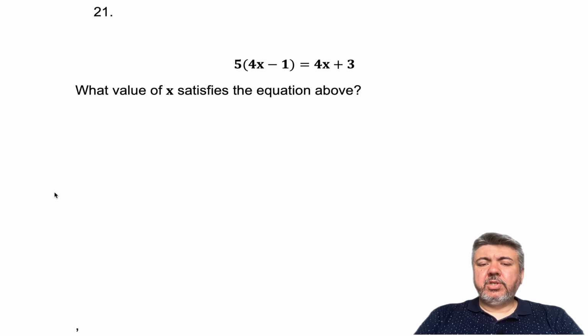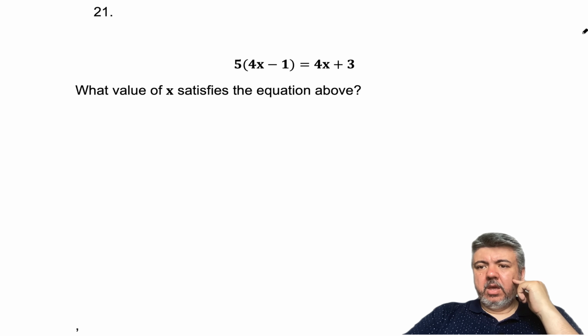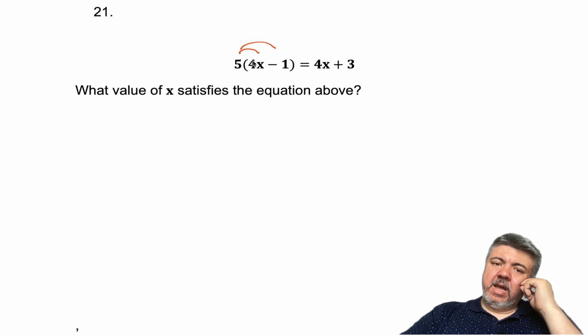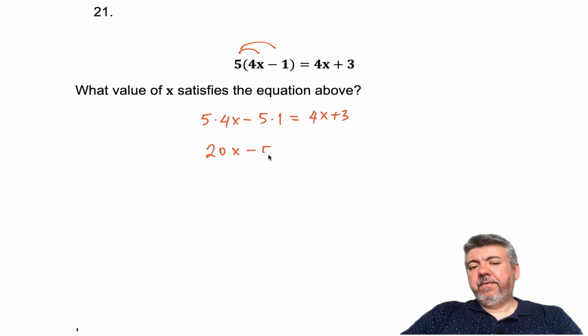Okay, question 21. What is the value of x satisfying the equation? It's not very challenging actually, just expand this one. 5 times 4x minus 5 times 1 equals 4x plus 3. It's 20x minus 5 equals 4x plus 3.